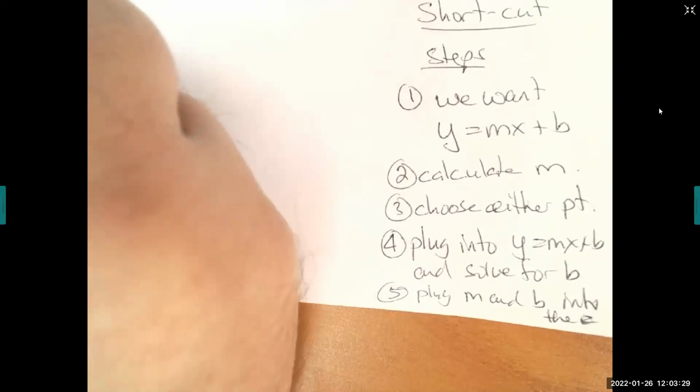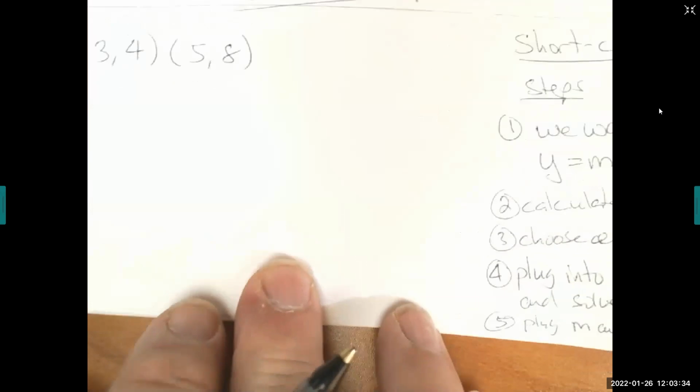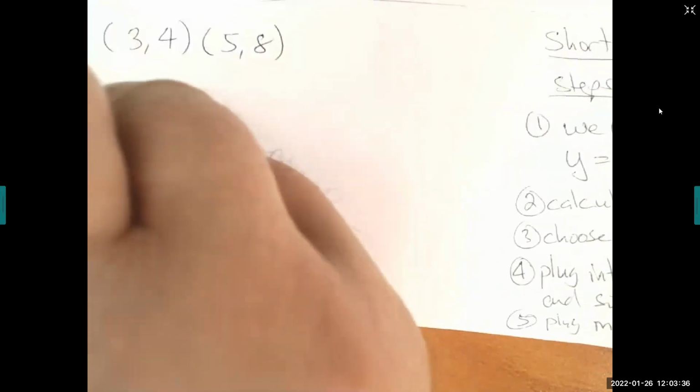So our points are 3, 4, 5, 8. Step 1, we found m, which was 2.